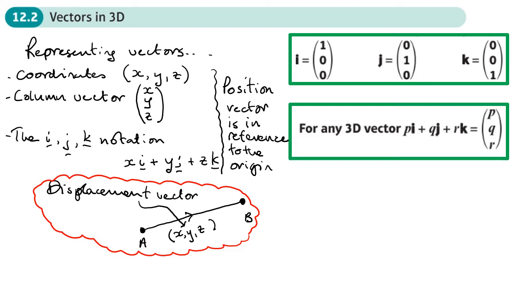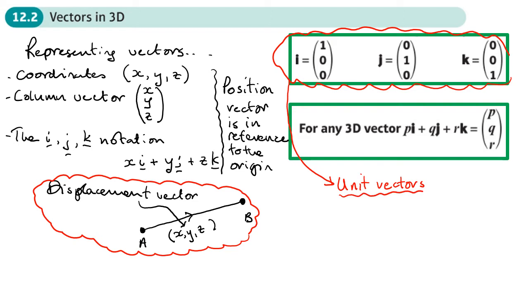Now up here you'll see something about i, j, k. Now you remember i, j and k, they are these unit vectors, and unit vectors basically point along the x, y and z axis, so i, j, k, like this.